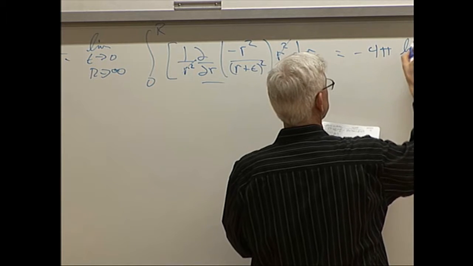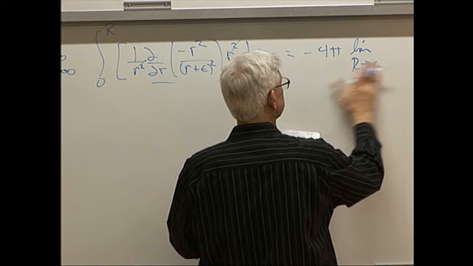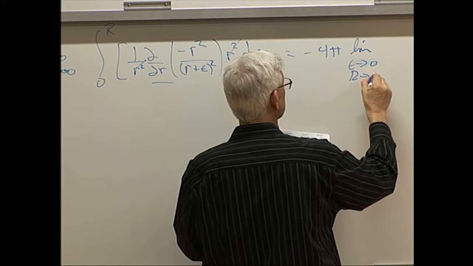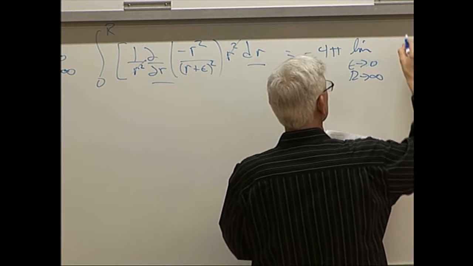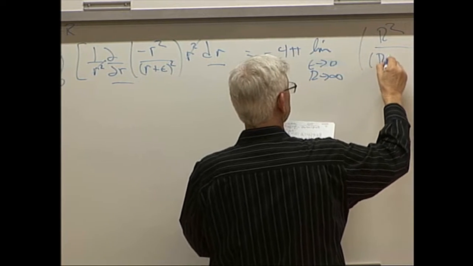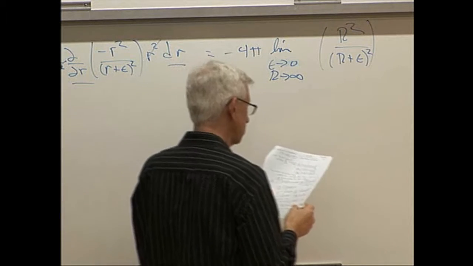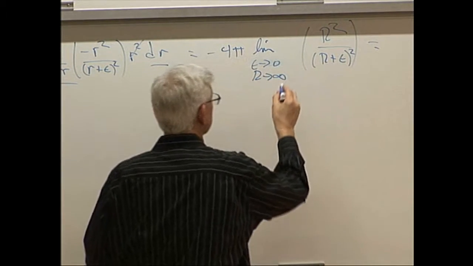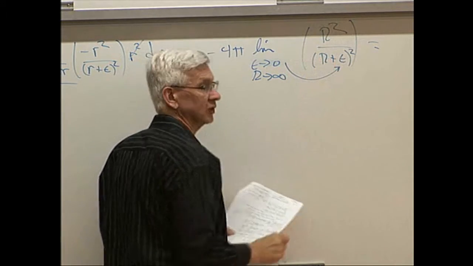limit as epsilon approaches 0, r approaches infinity of r squared over r plus epsilon squared. And so when epsilon goes to 0, this expression is just equal to 1.